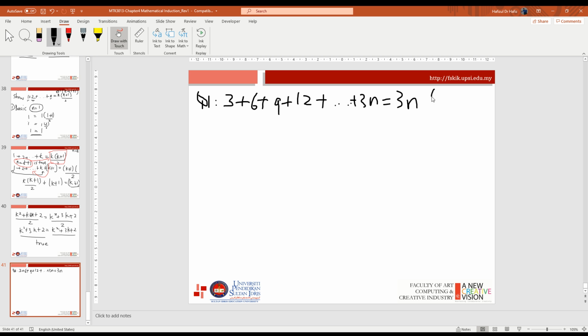N plus 1 divide by 2. Okay, kita ada berapa step tadi? 3 kan? Show true for n equivalent to 1. Basic lah.